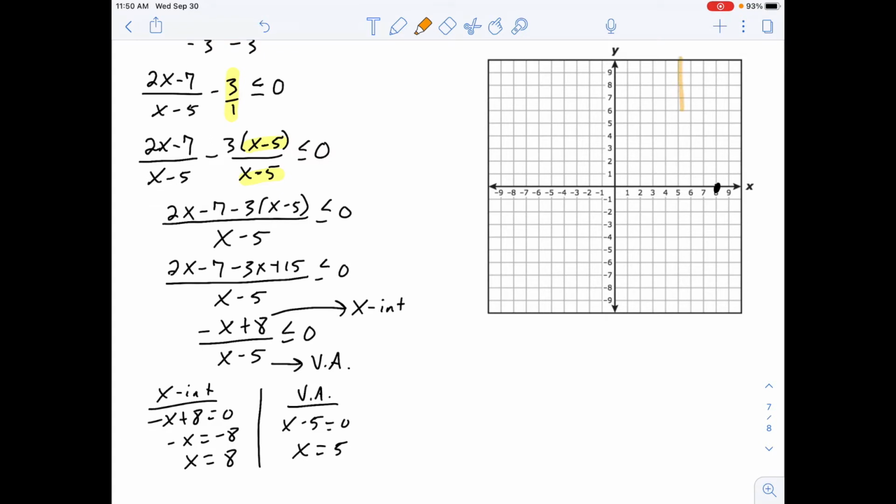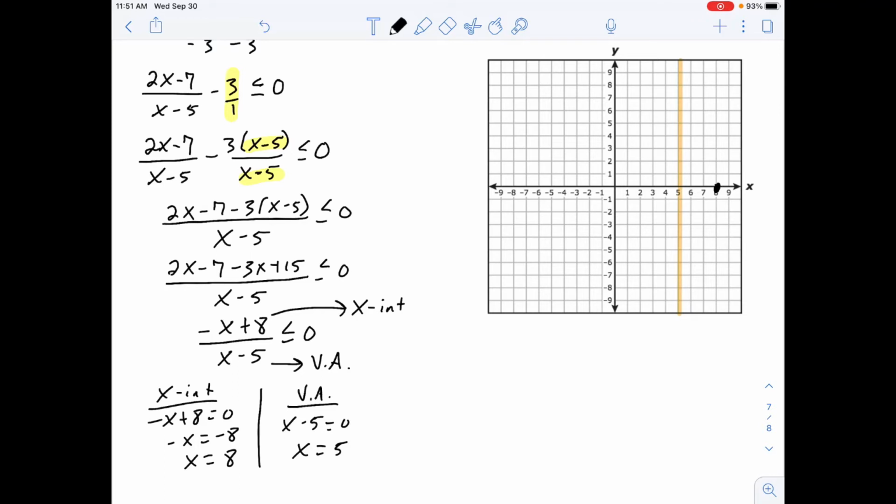So you can see here that x equals 5 is where the graph will approach but not cross. It's going to approach those values of the vertical asymptote because it's undefined there. And then it is going to cross at x equals 8.